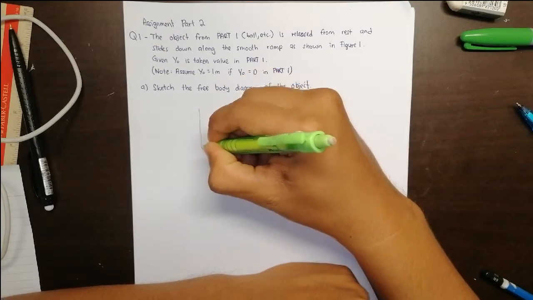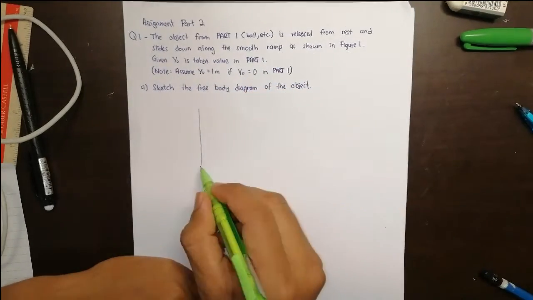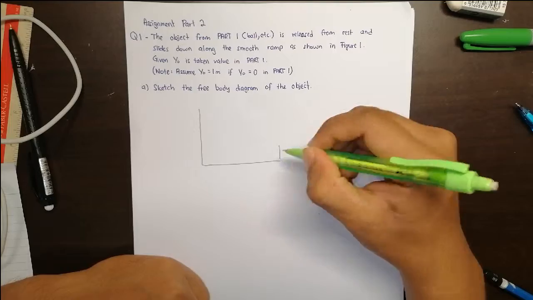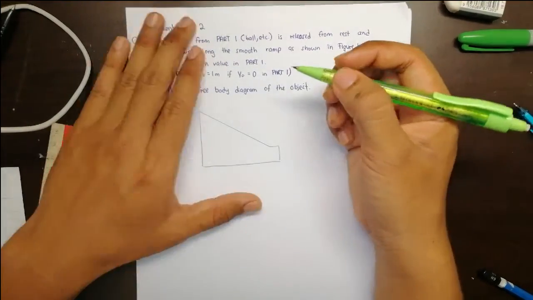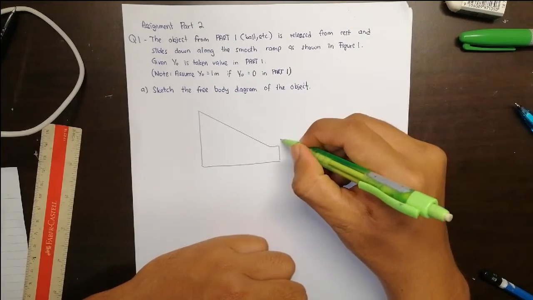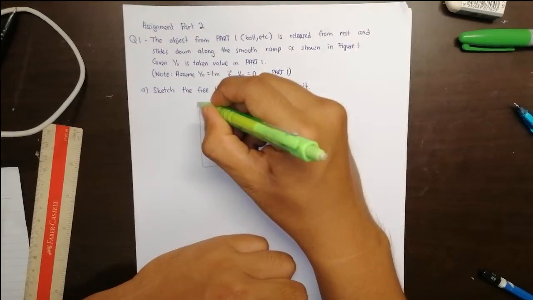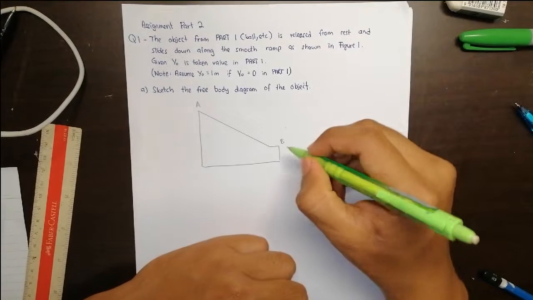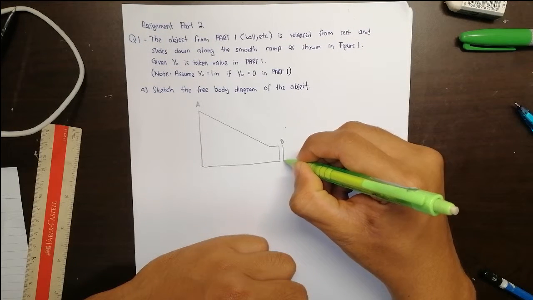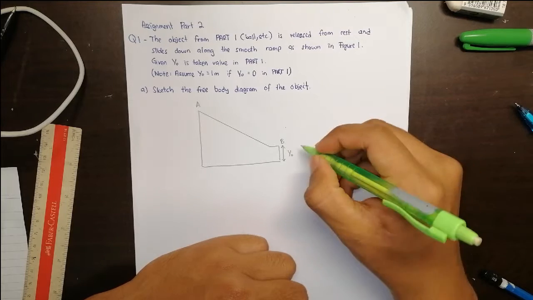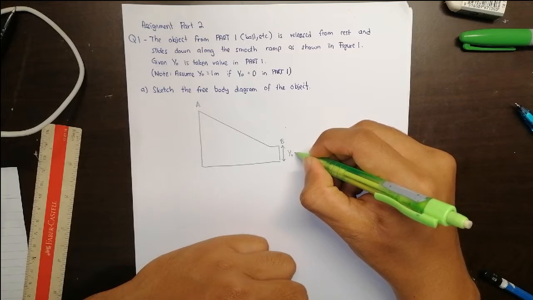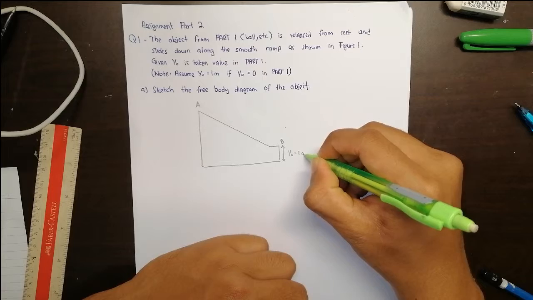So first, here is B and A, and this is y0 equal to 1 meter.